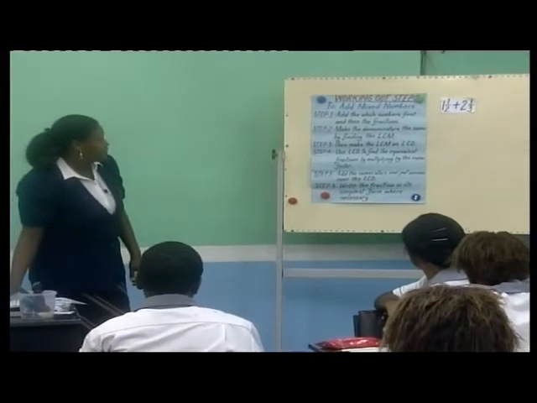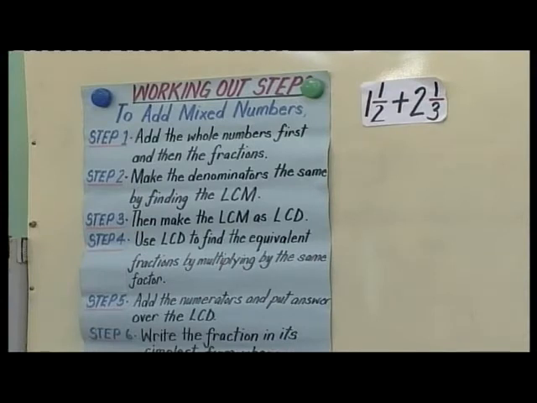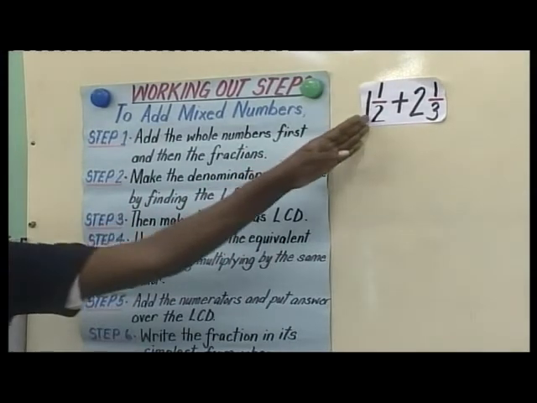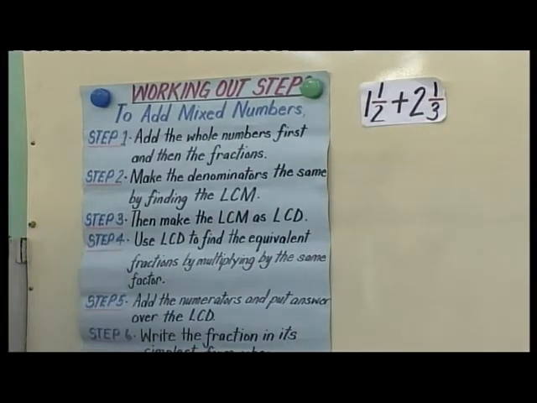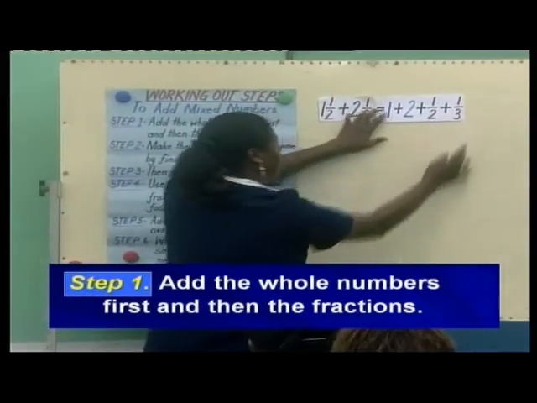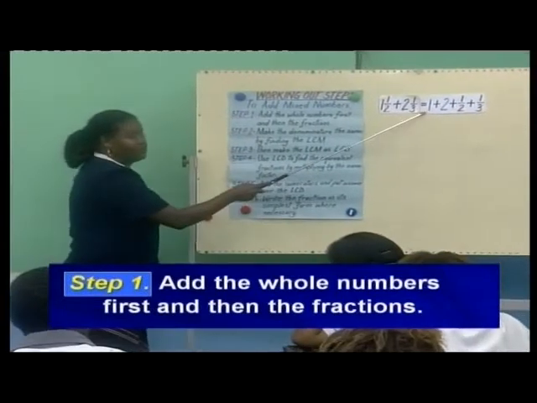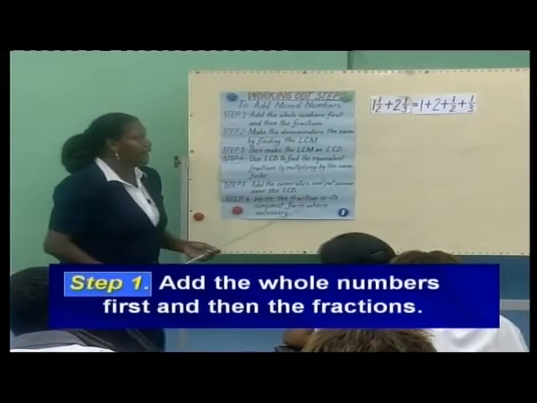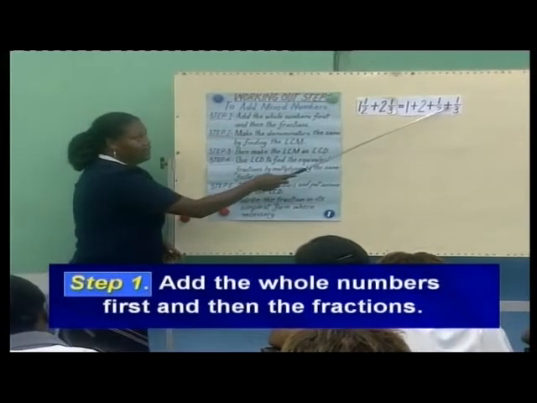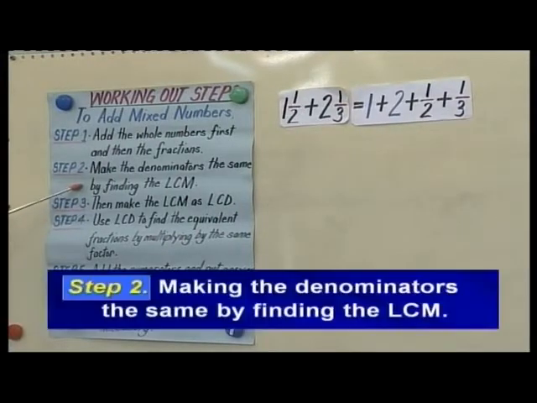So the first step is to add the whole numbers first, later the fractions. So which ones are the whole numbers? So we have 1 and 2. They are the whole numbers. So step number 1 says to add the whole numbers. So you have your equal sign. You can see that I've highlighted the whole numbers in blue. So 1 plus 2 plus the fractions. Step 2, class read.